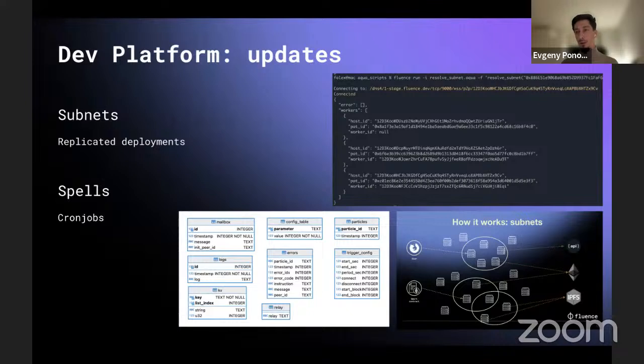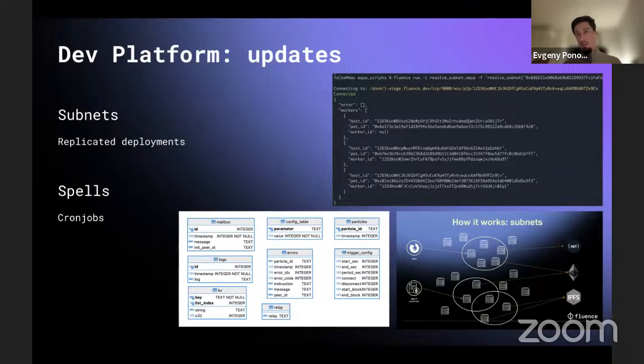With these periodical executions, you can build a sort of coordination between different peers, and to build this coordination, you need subnets. Subnets, in the simplest case, are replicated deployments. Whenever you deploy a function on Fluence, it's deployed to several nodes, and you say how many nodes it's going to be.